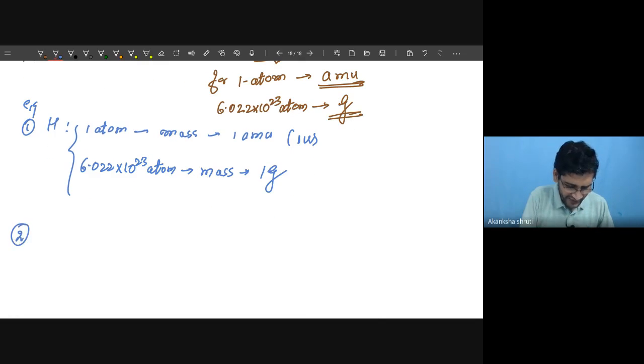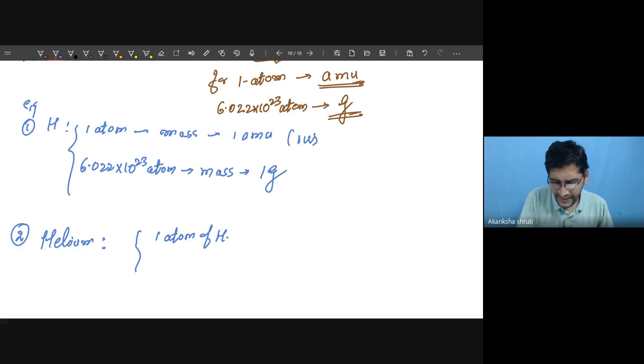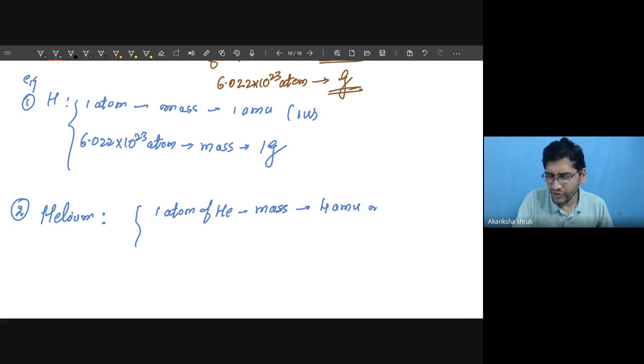If you are taking helium, then you can find that 1 atom of helium has a mass of 4 AMU, or simply 4 U. It will be denoted like this.